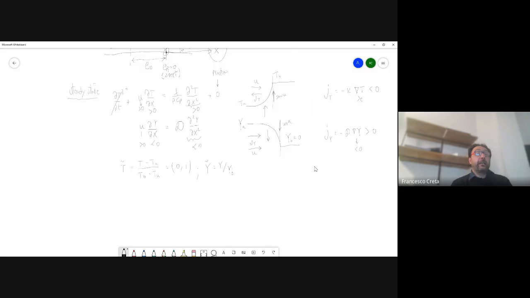And if you plug these definitions into the equations, the steady state equations, okay, you will have, well, let's put back the non-stationary term as well. You have a temperature equation with a convection term and a diffusion term with nothing in front, okay, plus 0.